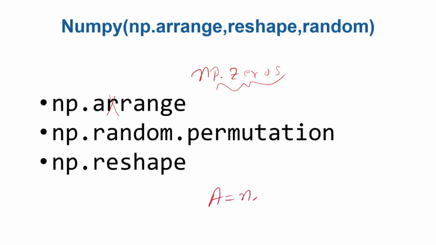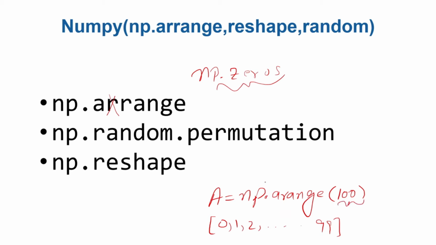For example, if you say np.arange(100), it creates a 1D array whose values start from 0, 1, 2, all up to 99. That's a quick way to create an array with all the numbers till 100.